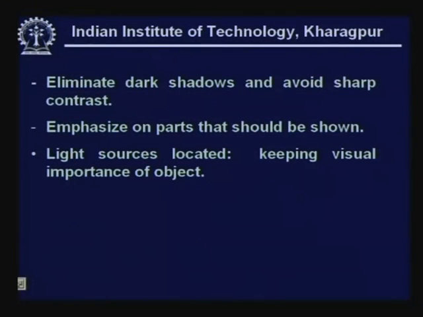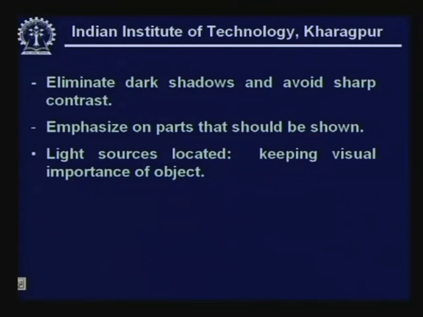And of course, there are certain applications where certain parts should be shown. If you are talking about a lecture theatre, the emphasis should be on looking at what is on the screen. Or if you go to a shopping mall, there will be a display window. The items placed in the window need to be emphasized, and therefore lighting should be in such a way that it emphasizes the parts that need to be shown.